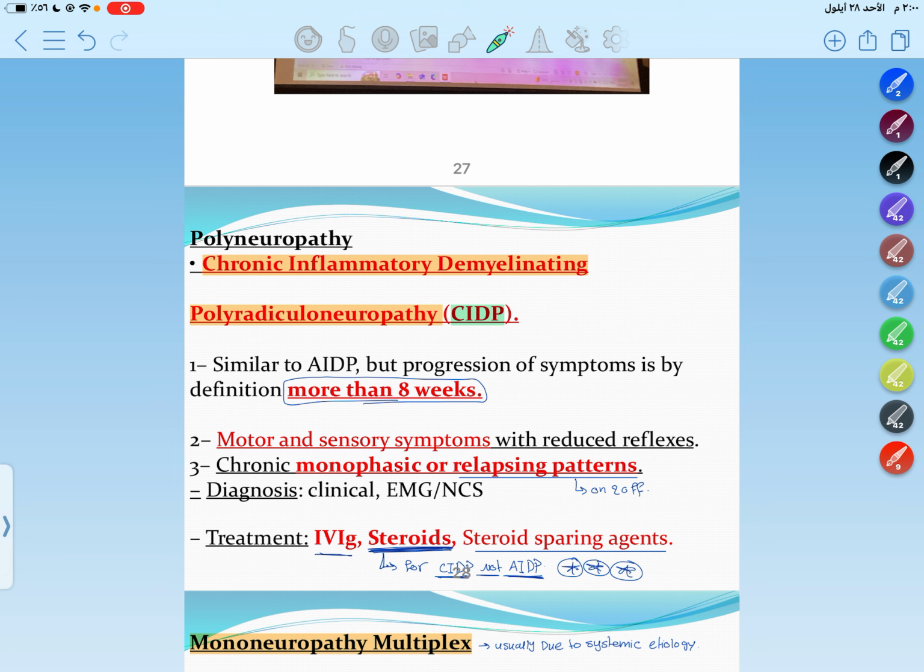The symptoms are motor and sensory, of course with reduced reflexes. The chronic form has two types of presentation: either monophasic with continuous weakness, or a relapsing pattern that comes and goes over up to 2 months.